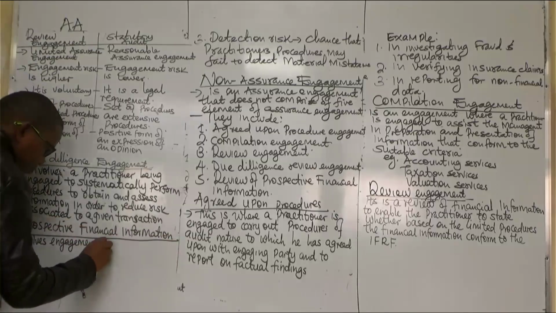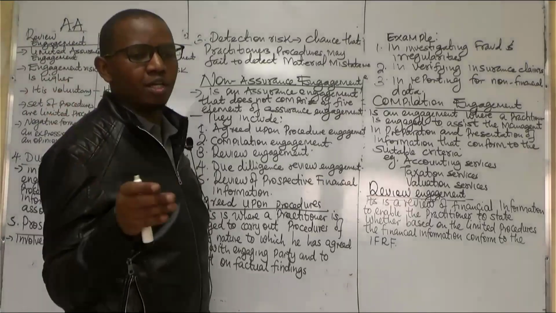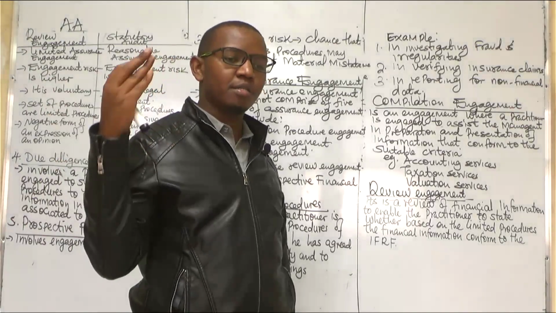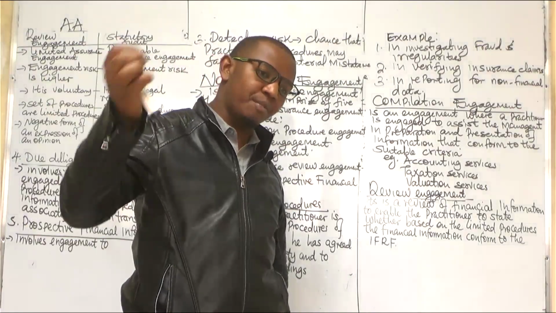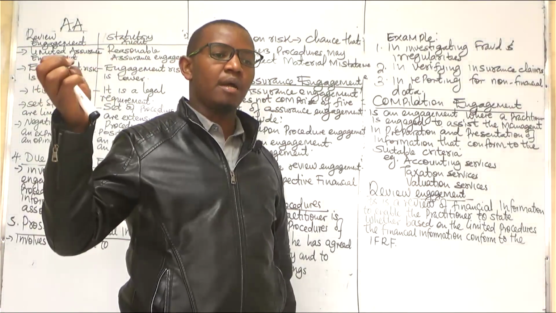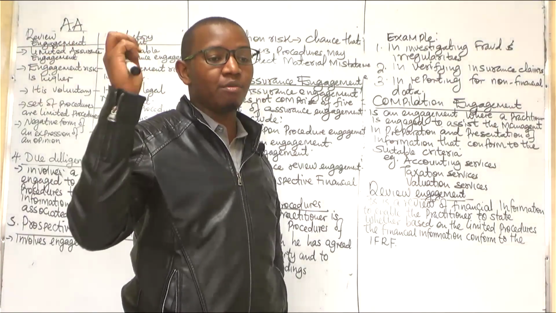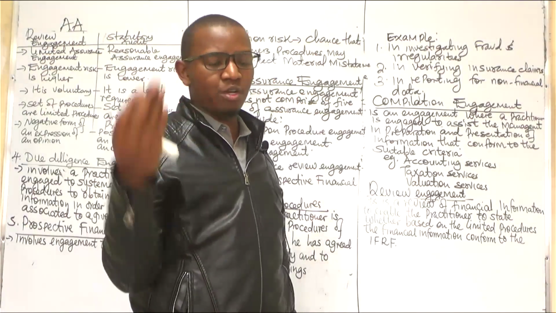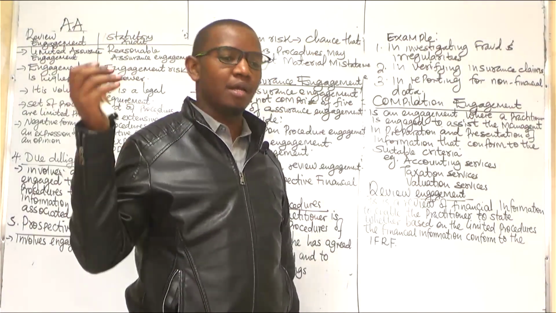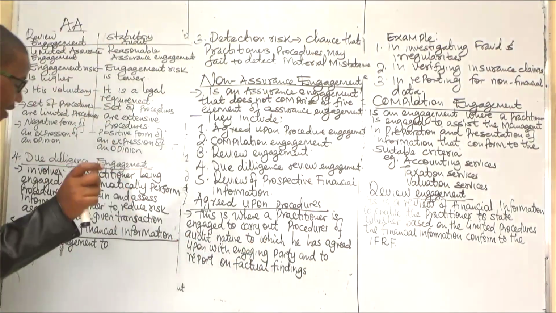Now, on prospective financial information, you are engaged to review future information and the actions that may be or should be taken as at the time of that future information. Generally, it is an event that will occur in future and actions that will be taken as at the time of that given event.